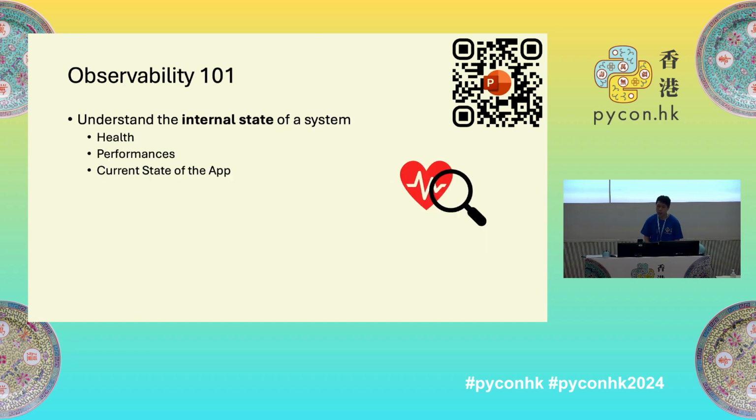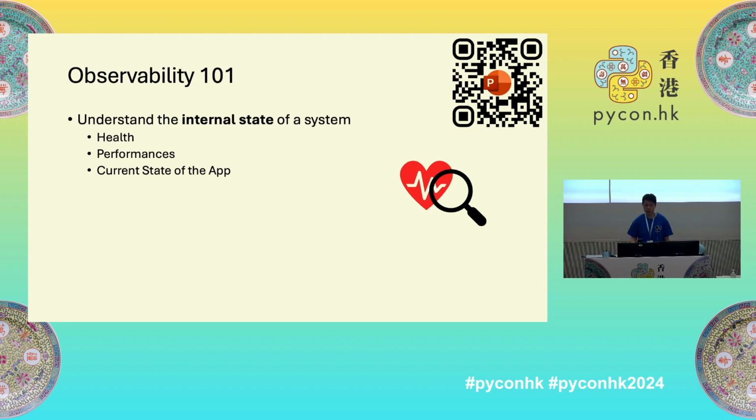Cool. Before we really start on what OpenTelemetry is, let's talk about what observability is. Imagine we are having a system with a lot of traffic. How can we understand the internal state of a system, which means we want to know the health, the performance, and also the current state.